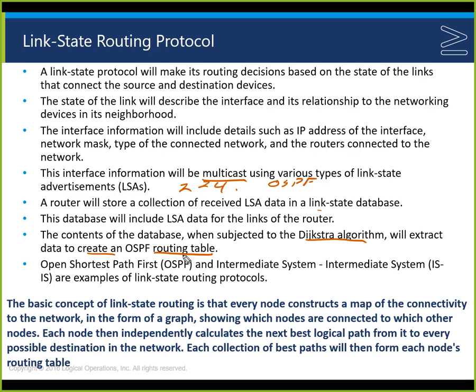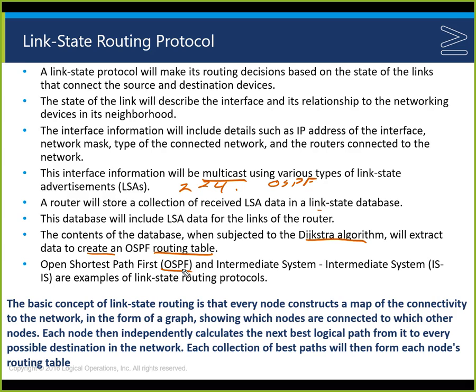There may be multiple paths to get from one point to the other, and what the algorithm does is extract the data and determine the best path. OSPF, open shortest path first, then IS-IS, and IS-IS is not an objective of the CCNA, and it is one that in all the courses they always say, oh, it's there, but I've never configured IS-IS.